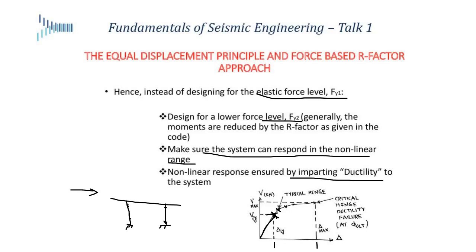So you see my structure is only elastic to this point, and beyond that it's curving and it's weakening, but it's able to displace this far before one of my critical hinges fails due to some reason. Okay, I'm saying it's a ductile failure of the flexural hinge, and that's what we want.